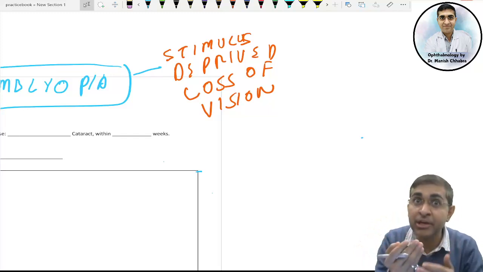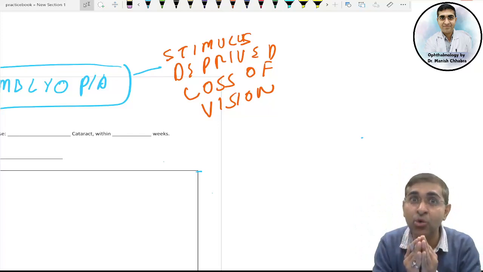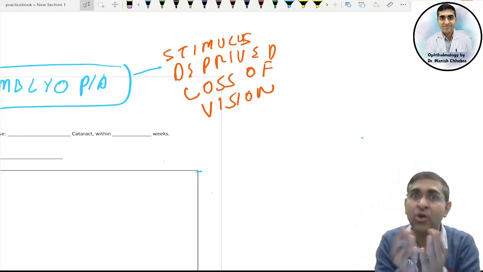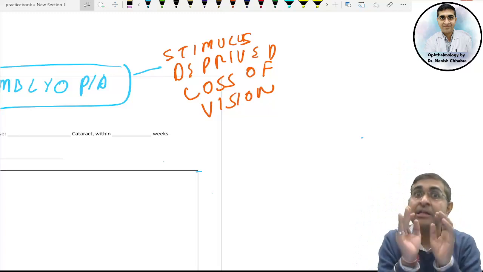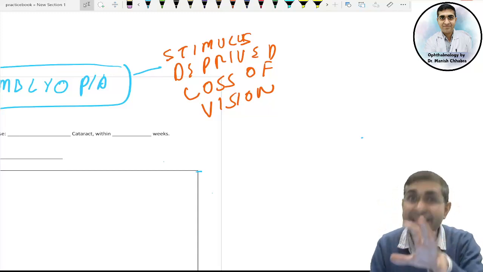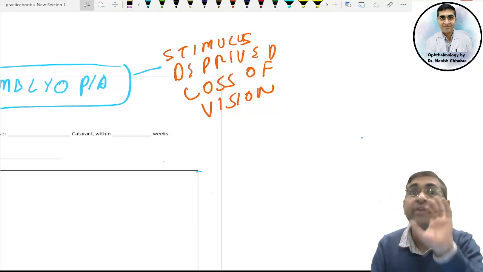So the patient may complain of a curtain falling from above, or from below, and the patient will have sudden onset and will recover normally in 10 to 18 hours. The recovery starts and is completed by 48 hours.